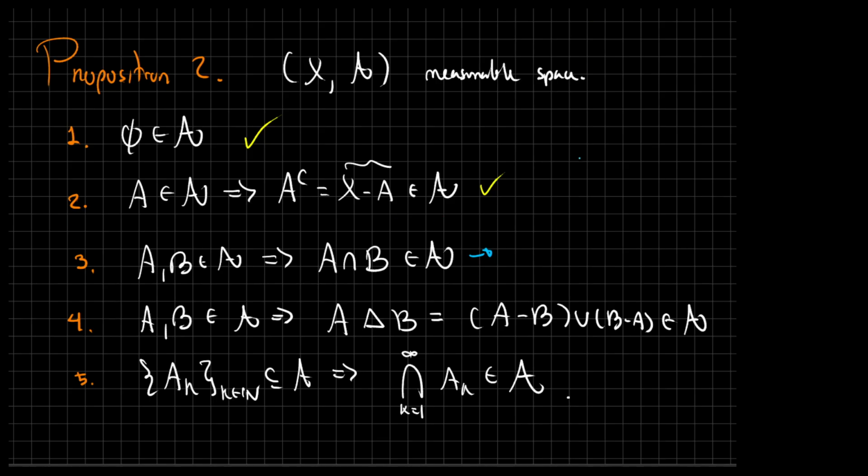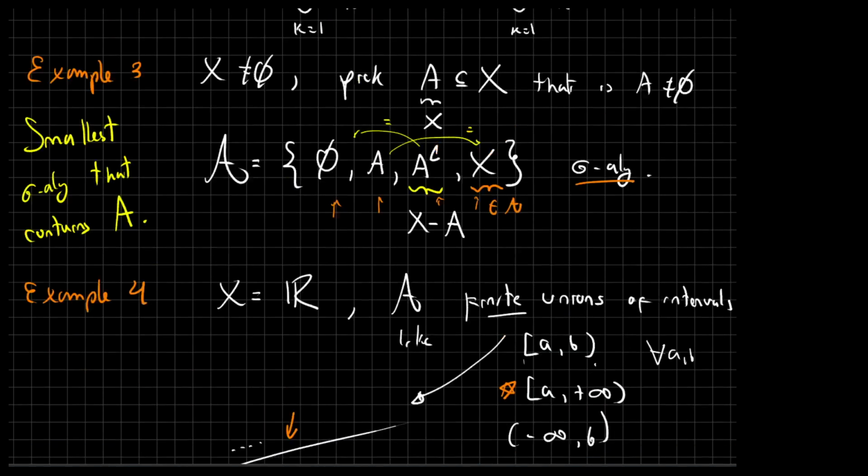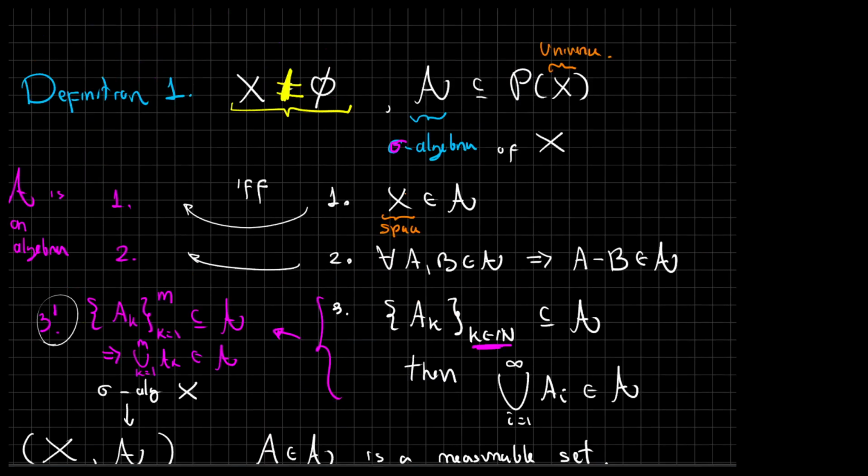The intersection of, let's do it with a graph. So we have A, we have B, and we want to show that the intersection is always in the algebra. We know that differences, by definition, this is our definition, the space is here and the difference is here, and countable unions and finite unions, we have proved this.